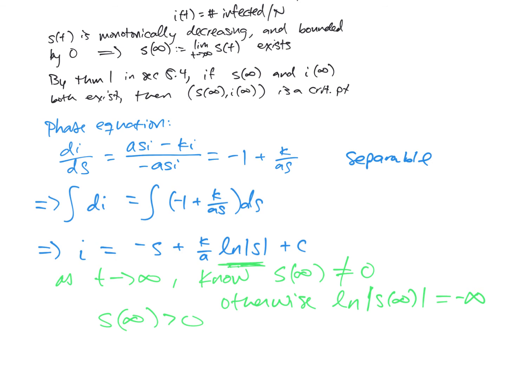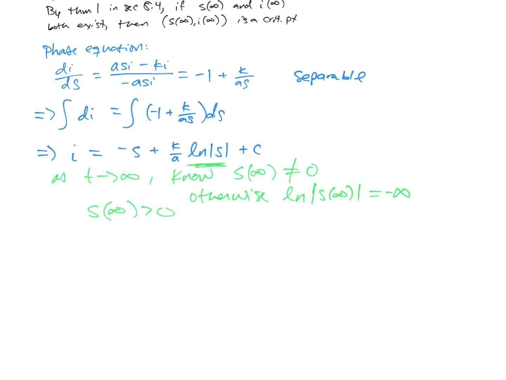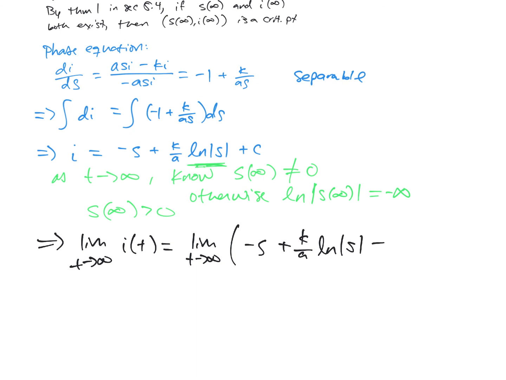Okay, so now we can actually plug in. The limit as t goes to infinity of I of t would equal the limit as t goes to infinity of -S plus k over a ln of S plus c, which would equal -S infinity plus k over a ln of S infinity plus c.